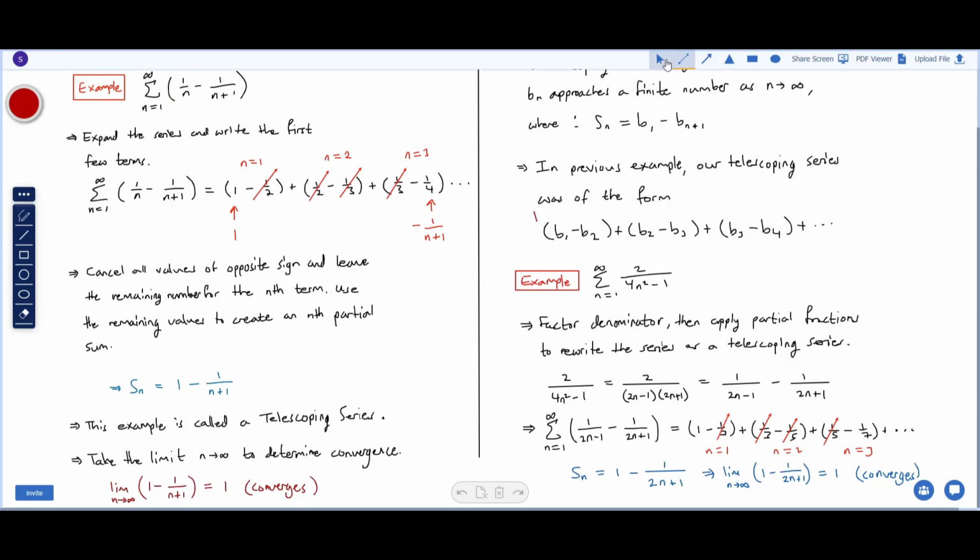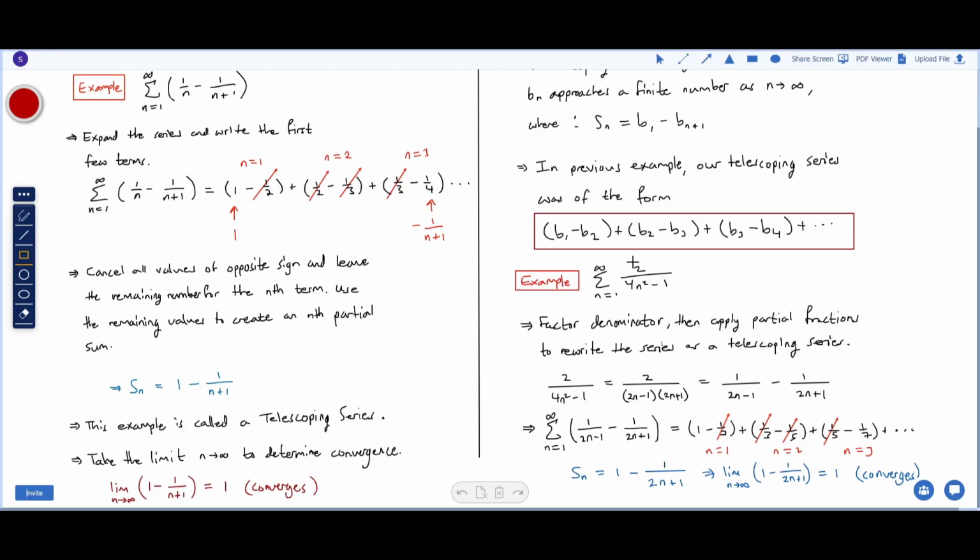So it's easy to spot which ones cancel. But like I said, I've worked on some telescoping series where you don't see what cancels until maybe 2 terms down the line. These are very straightforward, where they're next to each other, so it's easy to see what cancels.